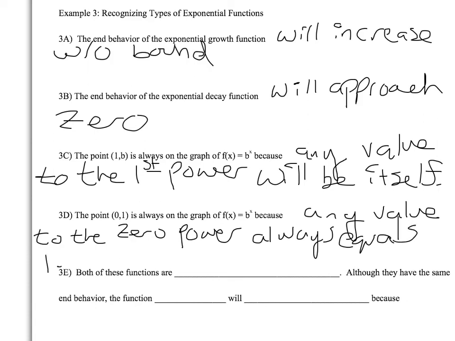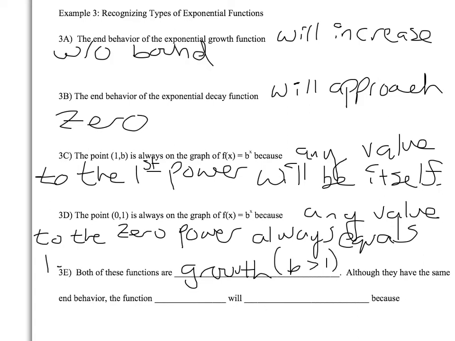Part 3e, are f of x equals 3 to the x and g of x equals 5 to the x exponential functions of growth or decay? And since they have the same end behavior, how do you think their graphs differ? Explain your reasoning. Both of them are growth. The reason we know they're growth is because the bases 3 and 5 are bigger than 1. So I'm going to put b is greater than 1.